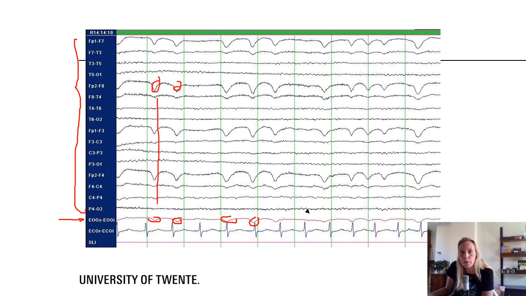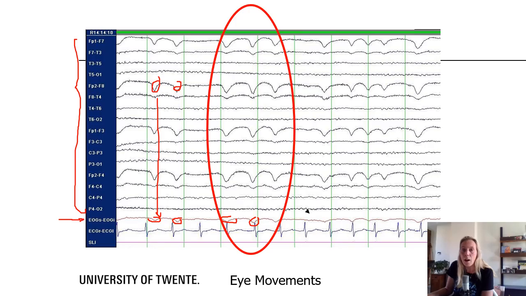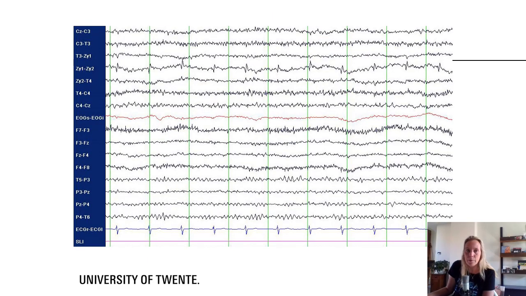And if you look closely, you see that they're connected to the moments where somebody was moving their eyes. So these are eye movement artifacts. And they don't tell you anything about the brain, they tell you something about eye movement. You need to filter them out.